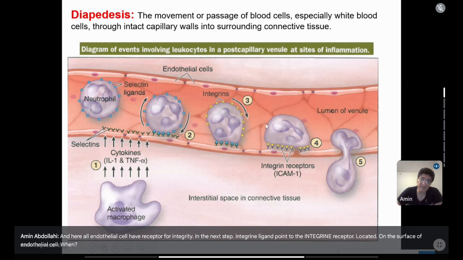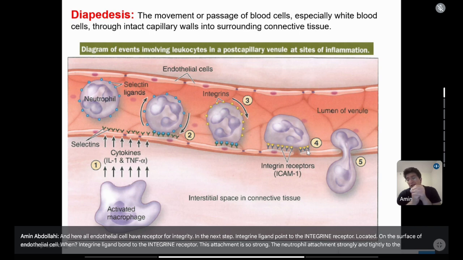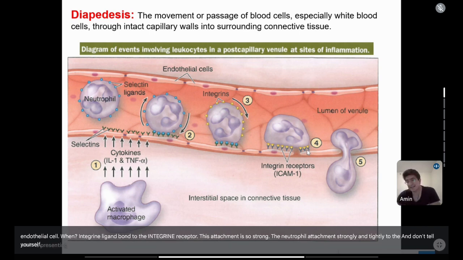When integrin ligand binds to the integrin receptor, this attachment is so strong. The neutrophil attaches strongly and tightly to the endothelial cell. In the next step, 5, the neutrophil movement or passage through intact capillary wall into the surrounding connective tissue.